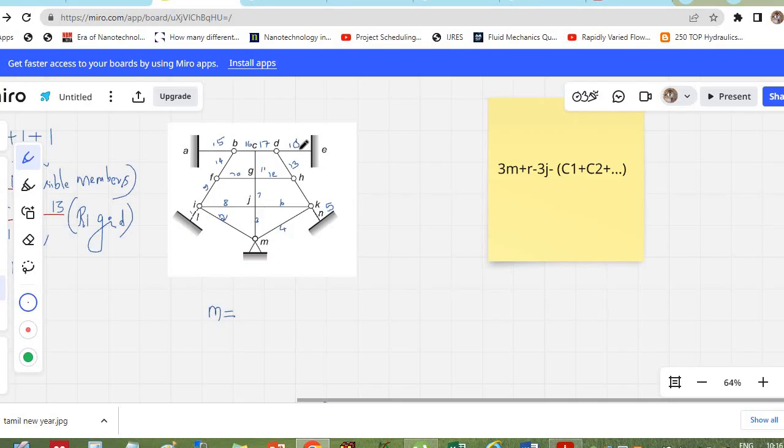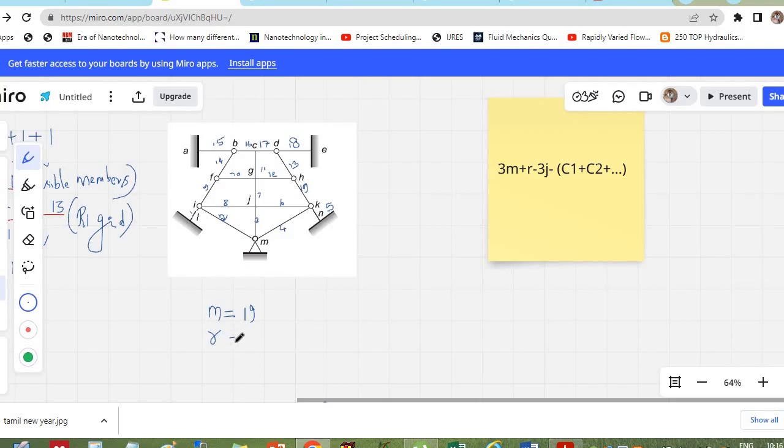This one is left out, so this is 18, this is 19. So the number of members is 19. Then we have to calculate the reactions.